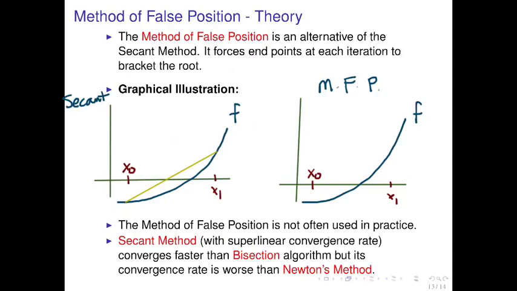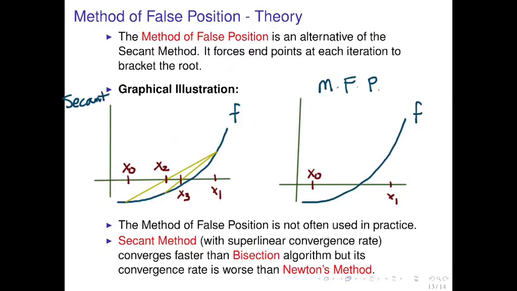Let's start with the secant method. With the next estimate x1, we can create a secant line between those two points, and that gives us the next estimate x sub 2. We then create a secant line between x2 and x1, which gives us our next estimate x3.